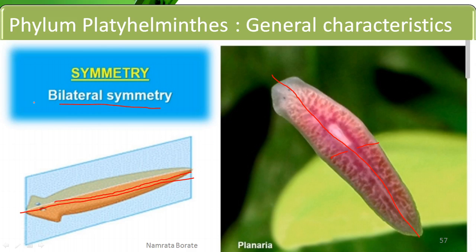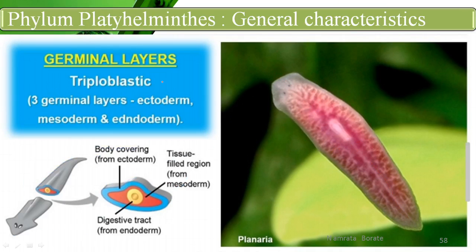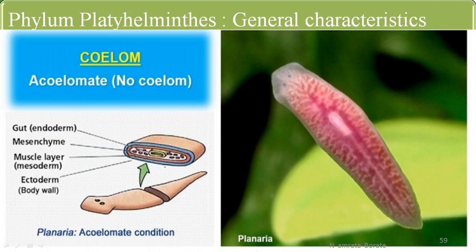So it is called bilateral symmetry. The organisms are triploblastic, means the organism shows distinct ectoderm, mesoderm and endoderm. Three germ layers are there, so it is called triploblastic. There is an absence of body cavity, so they are acoelomate, means no coelom, no body cavity.